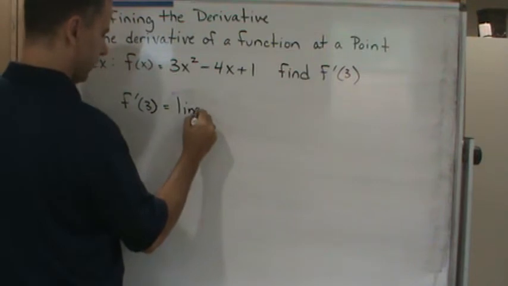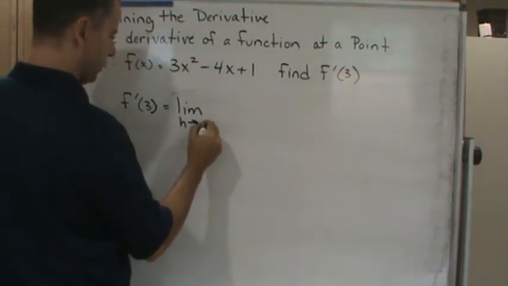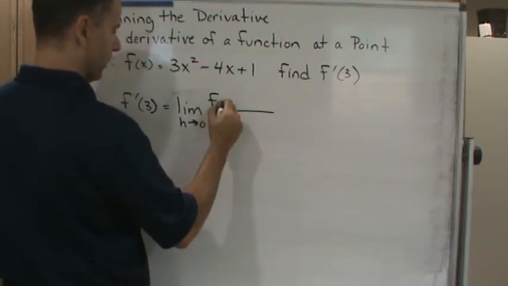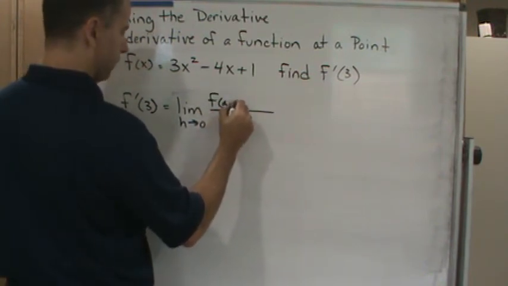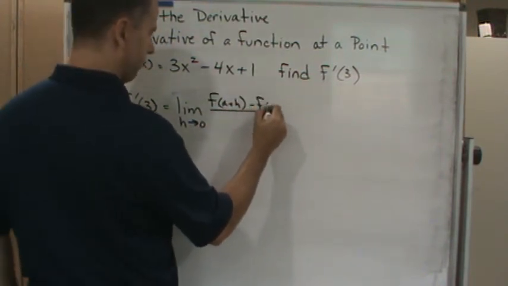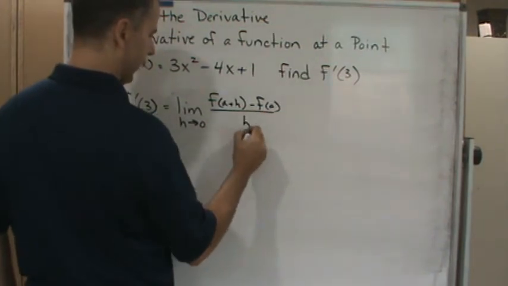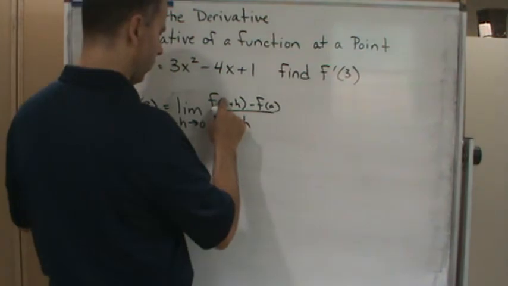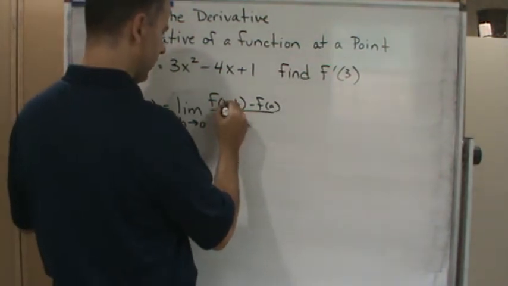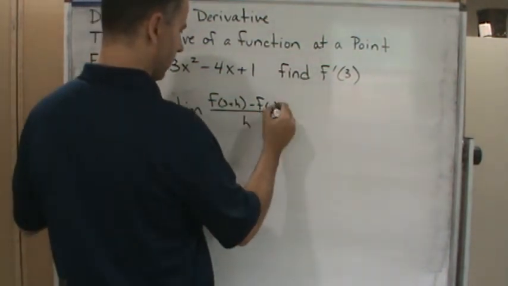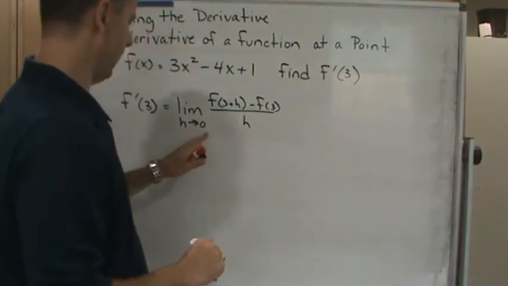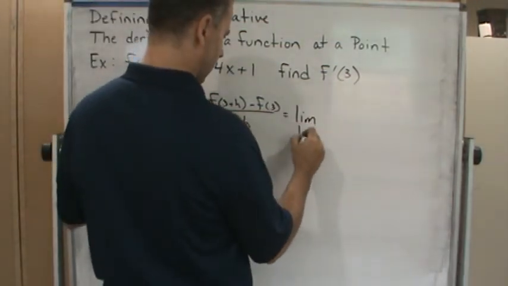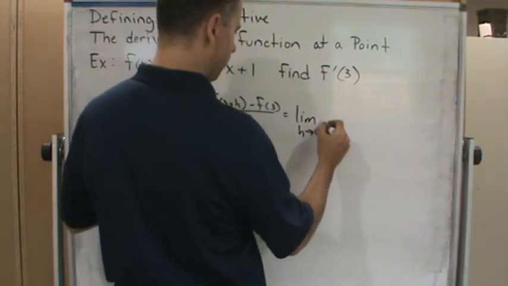So now we're going to do the limit as h approaches 0 of the difference quotient f of a plus h minus f of a over h. Okay, now, again, I'm going to plug in 3, so a is 3. So limit as h approaches 0.